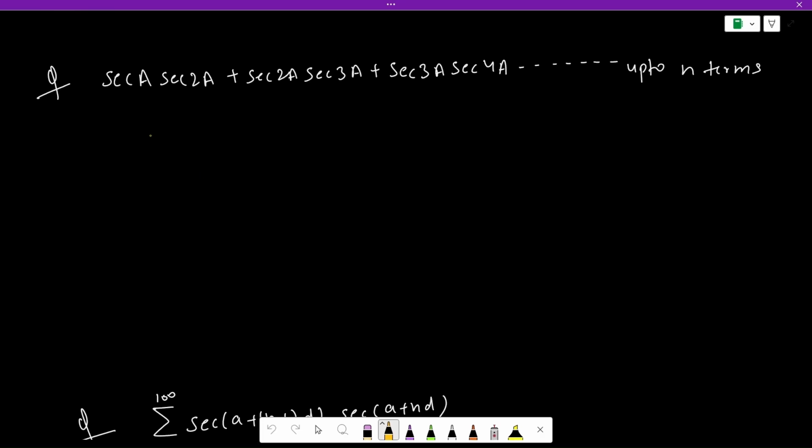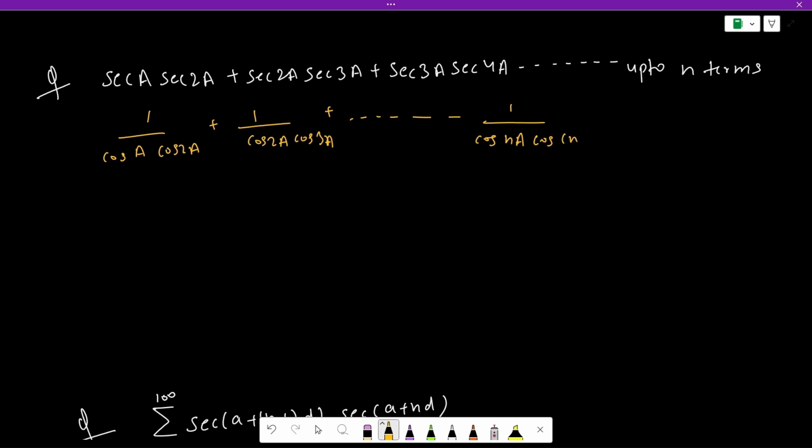So this is 1 upon cos a cos 2a plus 1 upon cos 2a cos 3a, and so on up to n terms. And the last term will be 1 by cos na cos (n plus 1)a.